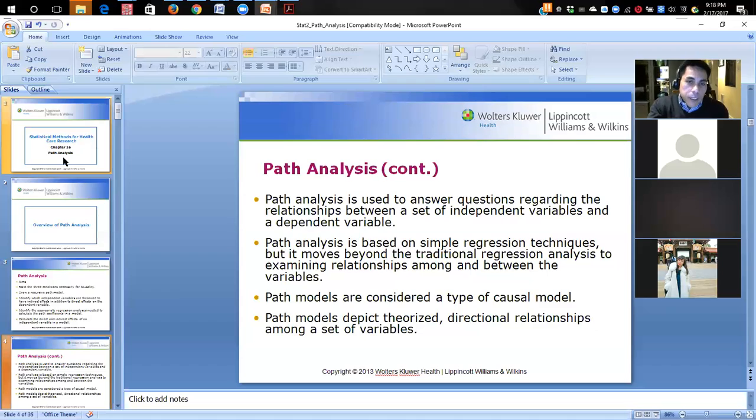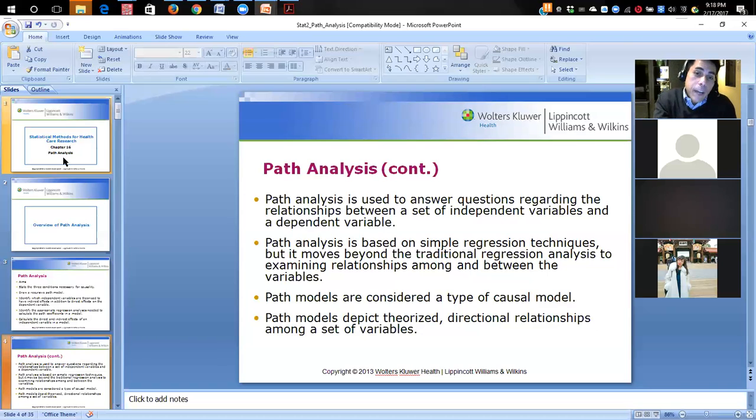It's a requirement before you do path analysis that the researcher will actually need to already draw the path of the different independent variables. It is what we call a priori, which means that you have to do it before you collect your data in order for path analysis to be what we call the best fit for your scientific inquiry.